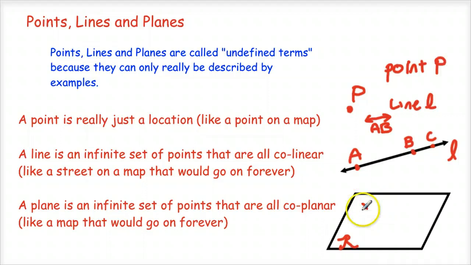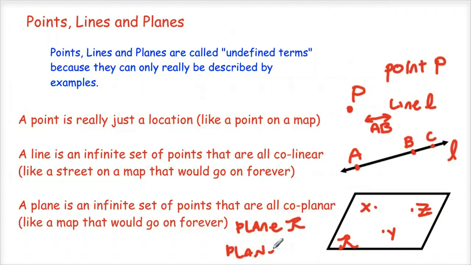You might also see three different points that are on this, like X, Y, and Z. These are all capital letters. So I could call this plane R using the script R, or I could call this plane XYZ, and I would just use those three points together.